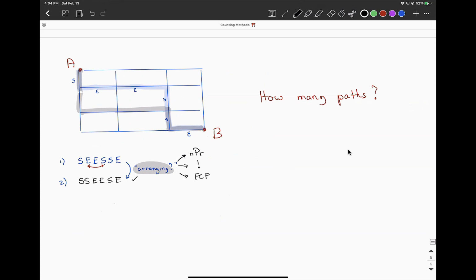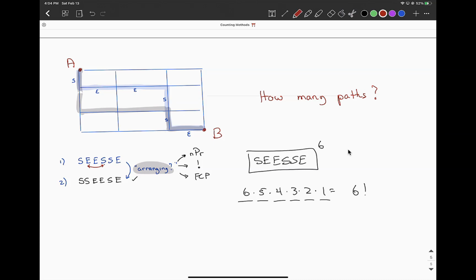And that happens to be a sample space. South, east, east, south, south, east. 6 things to get from A to B. Yes, there are duplicates, but I'm going to pretend there are 6 individual elements to work with. Meaning, if I'm arranging 6 things, it's known as 6 factorial. But because of the 3 S's, I cannot count those.